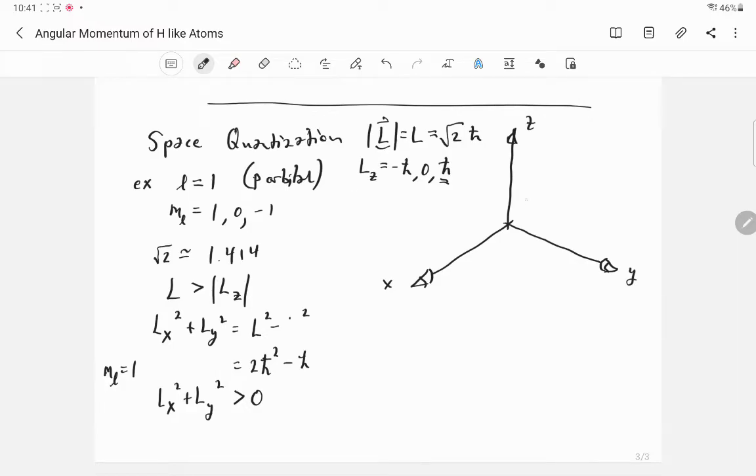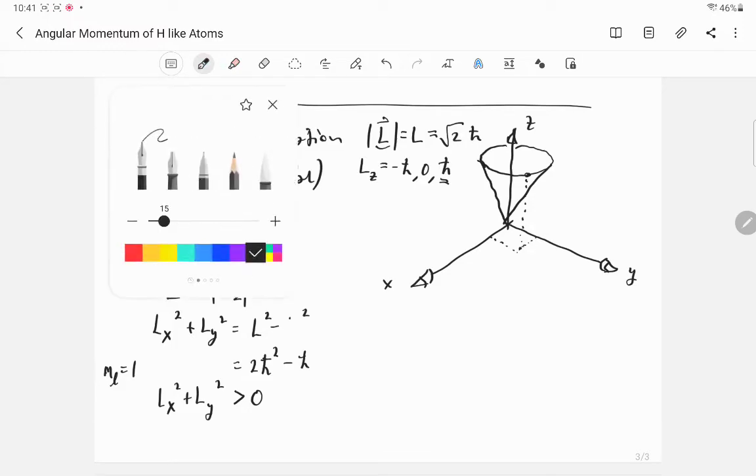So I'm just going to draw the L vector the following way. I'm going to say that the L vector is a vector that exists somewhere along this cone. Because if you take a position on the cone and you drop an altitude to the xy plane, that's got a particular value of Lx and a particular value of Ly.